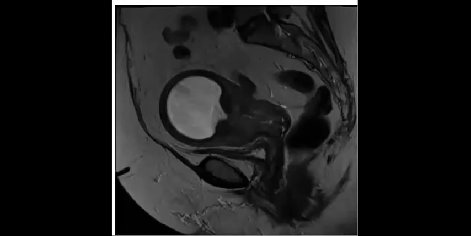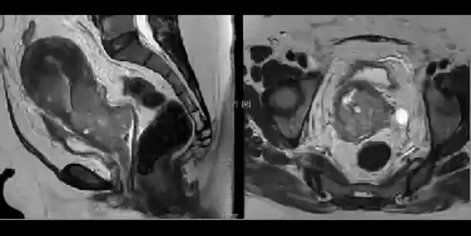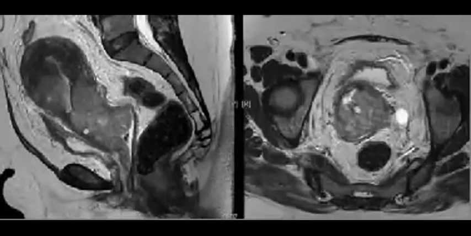Maybe this one. Okay, so now look at this one, and you can see that there is also again parametrial invasion. You see? Yes, there is extension outside the confinement of the low signal ring. Here also I can show you some examples of how parametrial invasion looks.